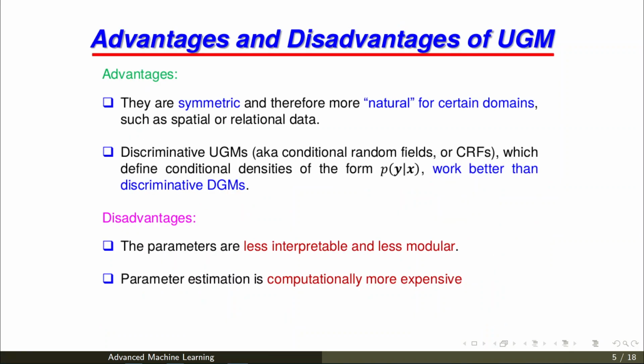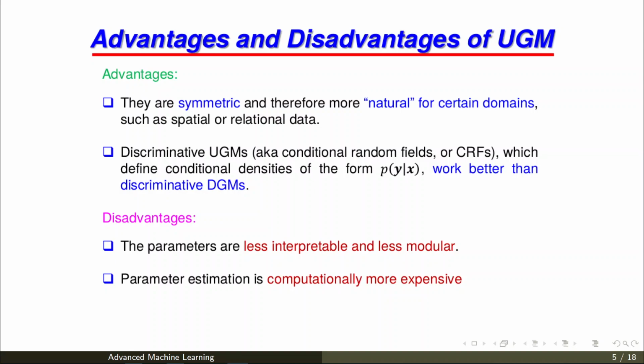Now let's see the advantages and disadvantages of undirected graphical models. The undirected graphs are symmetric. There is no notion of parents, children, co-parents, etc. So everything around the node is symmetric, and therefore they are more natural for certain domains such as spatial data, image data, etc., or some of the relational data.